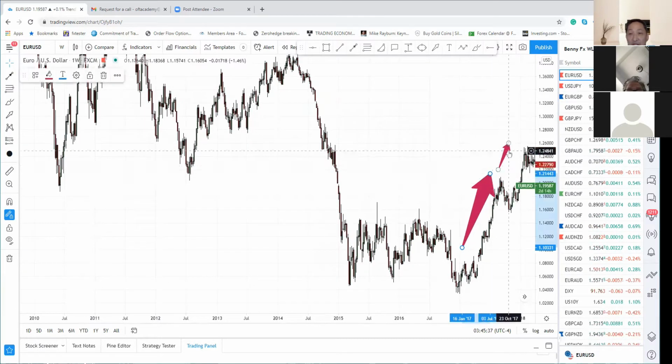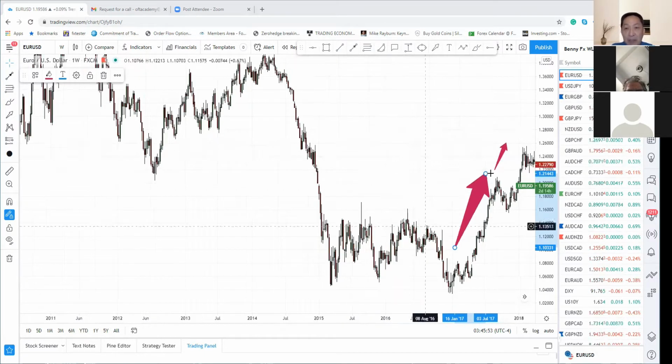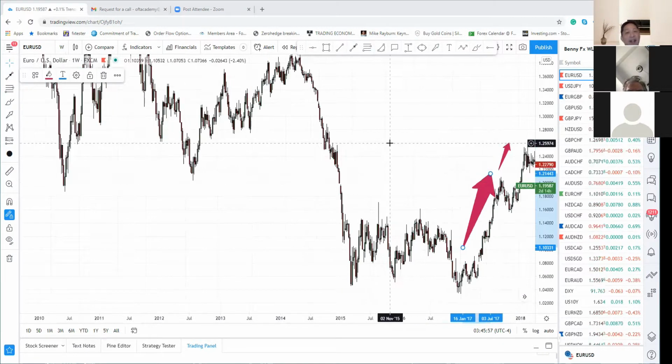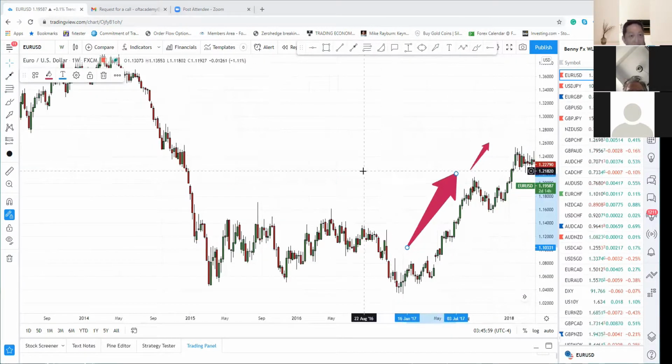Anybody want to give a try? Liquidity, to grab the liquidity. Andy, what do you think? Why do you think the price needs to go up from this low up here? Why?